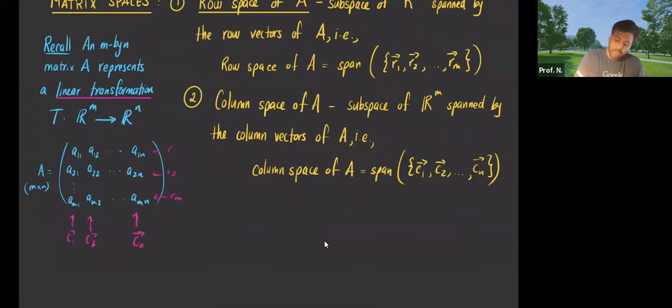There's n of them. So we have n columns and m rows.